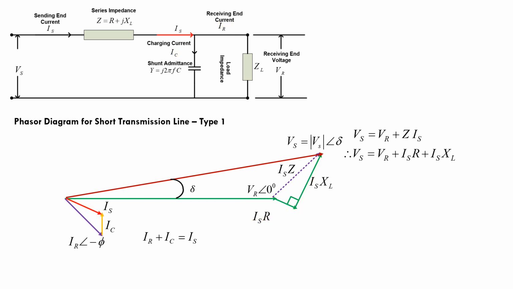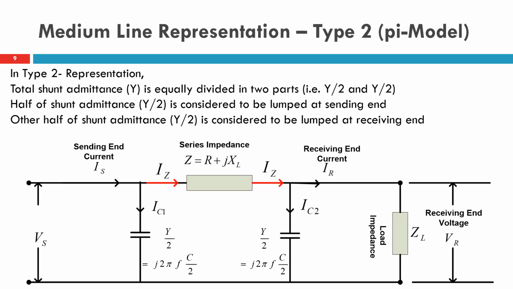Now let us discuss or derive the ABCD parameters for the medium transmission line with type 2, that is the pi model representation. In this pi model representation, we already calculated the total shunt admittance of the line, Y. In case of the pi model, the entire shunt admittance of the line will be divided into two parts.